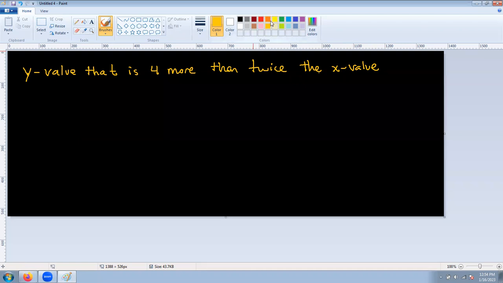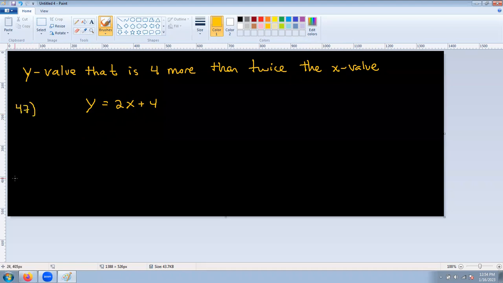Okay, so how would we write that? Well, we could do something like this. Twice the x value plus 4. Okay, great. This is number 47.